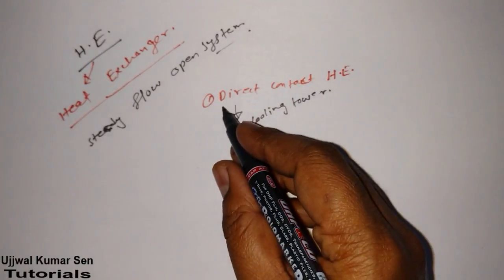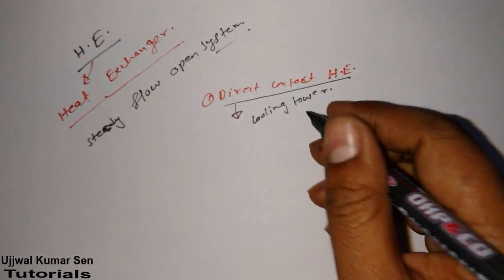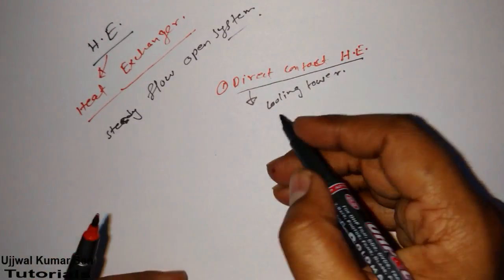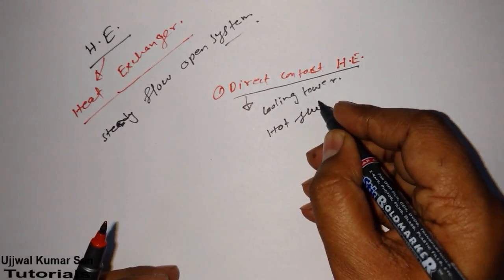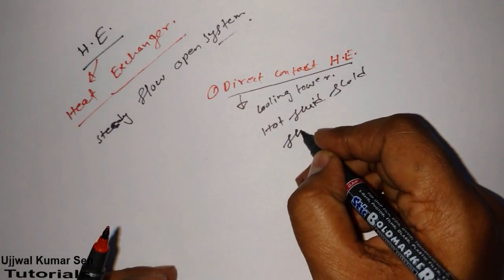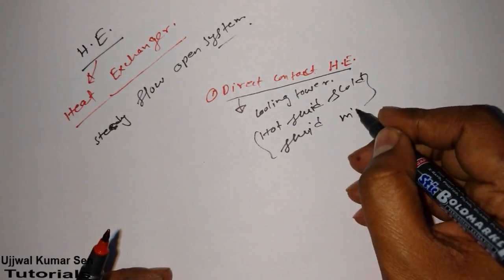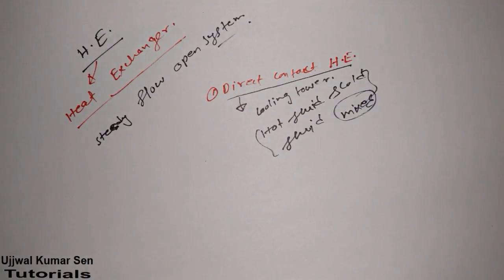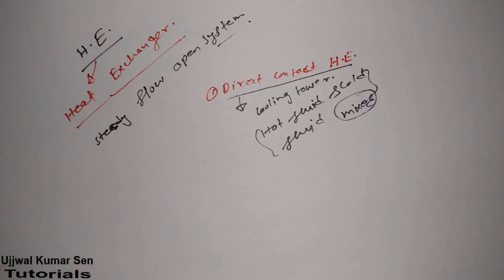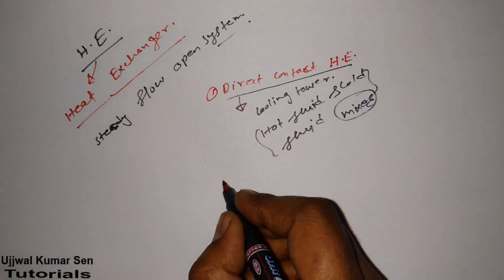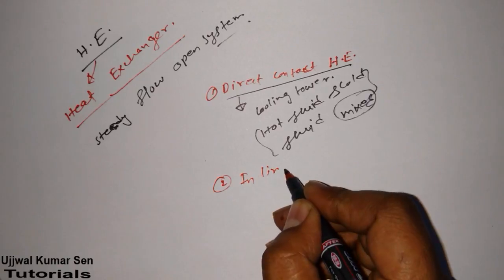In a direct contact heat exchanger, we allow hot fluid and cold fluid to mix up and then exchange heat because of temperature difference, because heat exchange can only take place if there is a temperature difference between two bodies or two places.